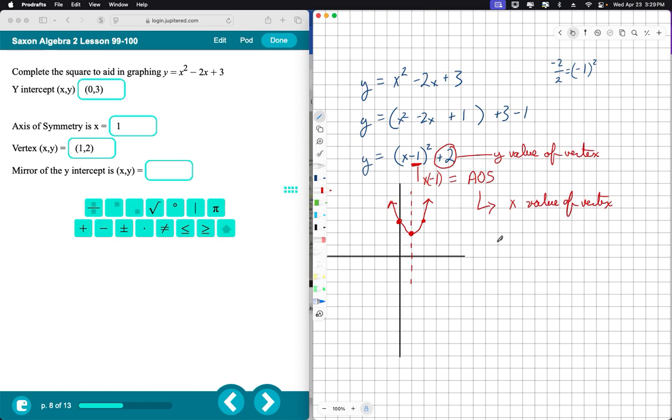The mathematical way is to take the axis of symmetry, the x value of the vertex, and multiply it by 2. So times 2 is the mirrored y-intercept x value.